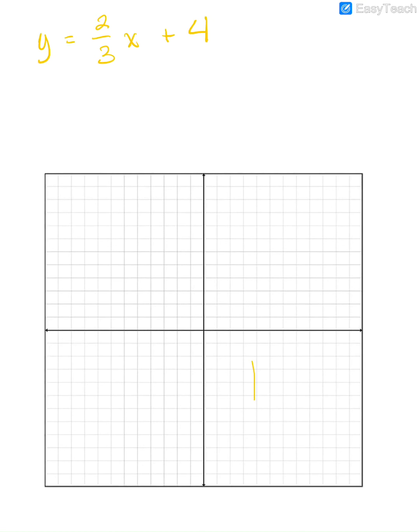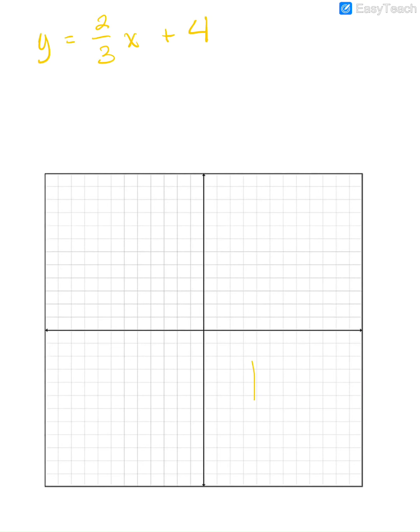All right, so we are talking today about graphing equations given that we have a y-equal rule. So, looking at this equation, it says y equals 2/3 x plus 4. So, 4, as you recall, was our starting point.